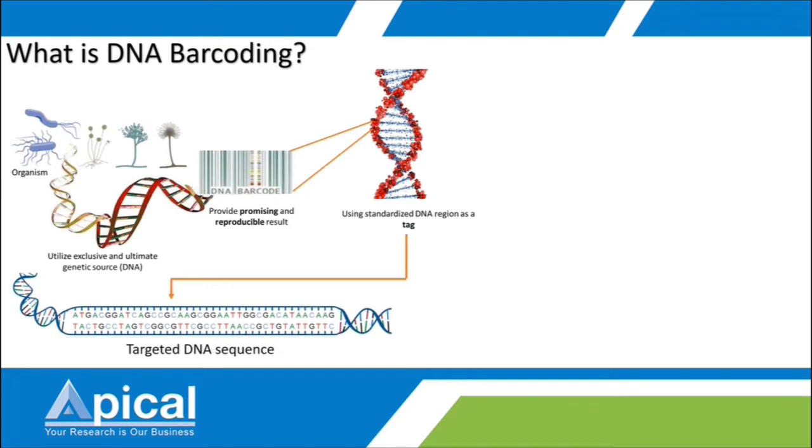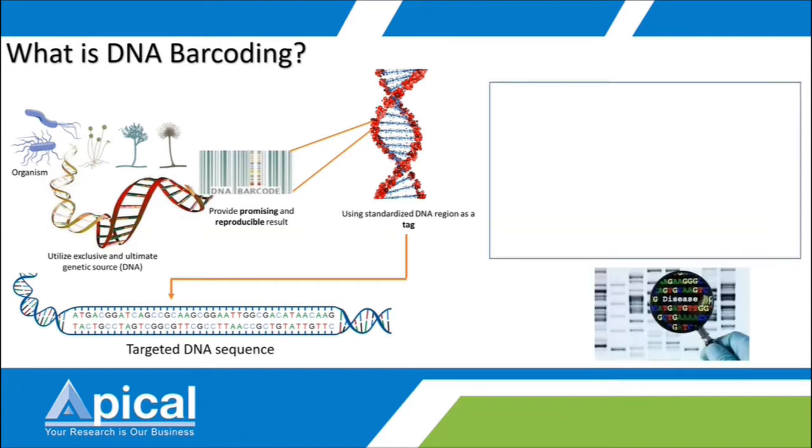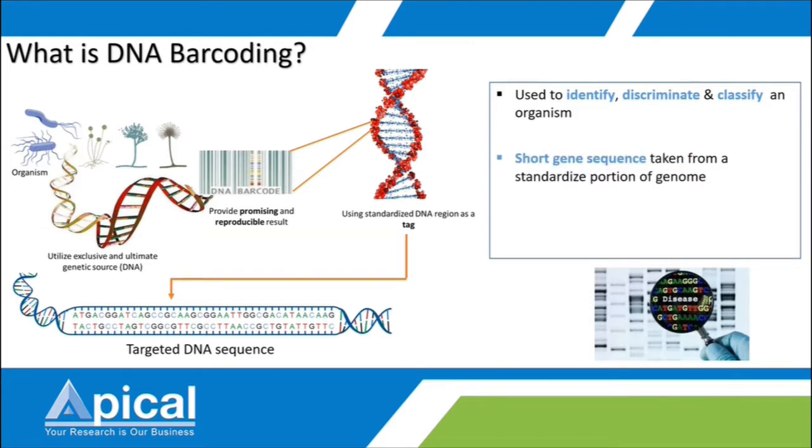So what is DNA barcoding? DNA barcoding is a method used to identify, discriminate, and classify an organism. It uses a short gene sequence from the genomic DNA, which we call a conserved gene, for specific species identification. This conserved gene can be found in the specific species.